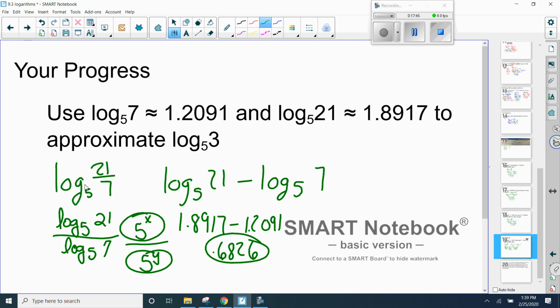But it's got to be a different power because I have a different argument. When you have two bases that are the same, what do you do with the exponents? You're probably used to that. You're going to subtract them. And what is your answer to a log problem? An exponent.